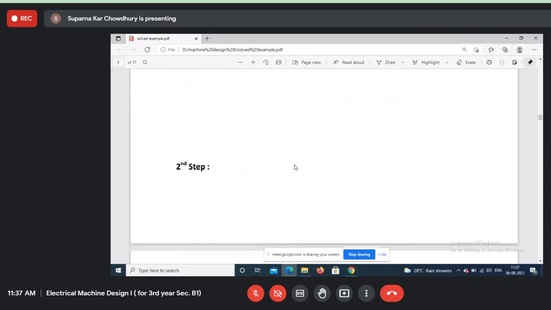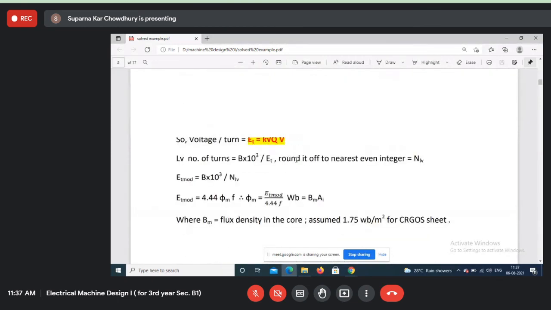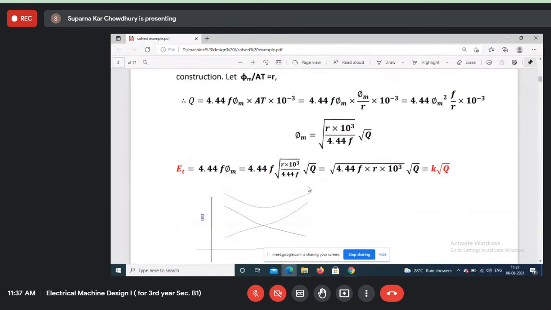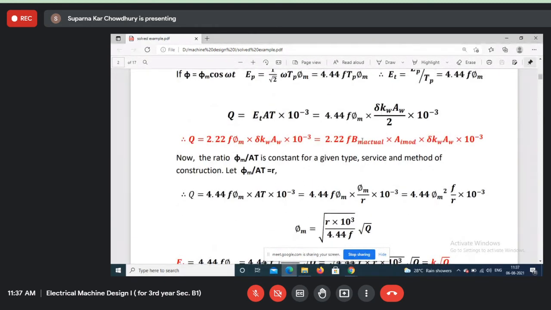Something is missing in the actual equation; it was this one.